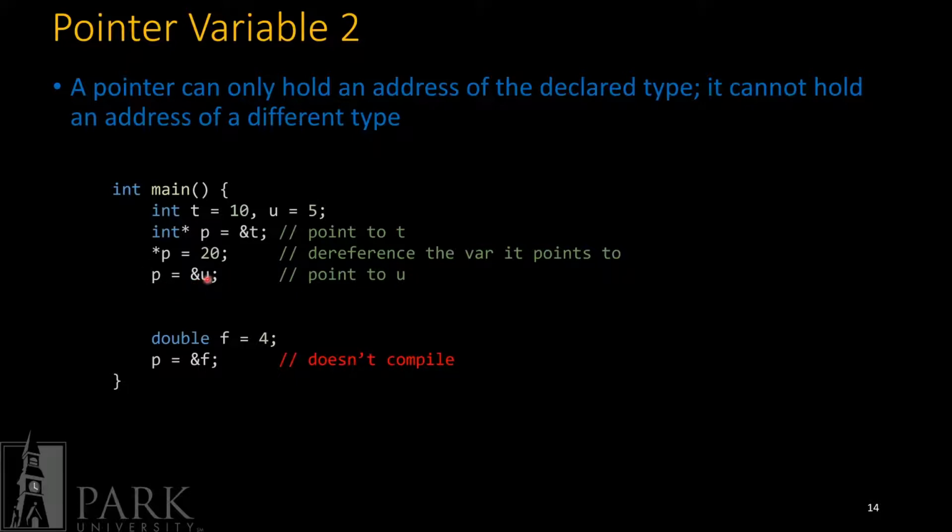Here we're getting the address of u and assigning it to the pointer p. Here we're getting a value, which is 20, and we are going to store that in the memory location that p points to. Down here we're trying to assign p the memory location of f, but that's not going to compile because f is a double and p only holds addresses of integers.